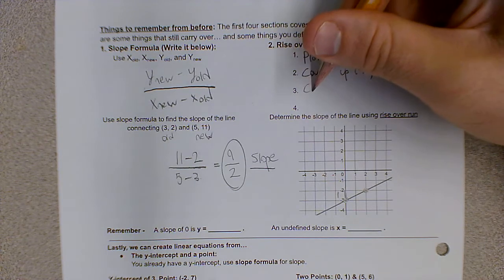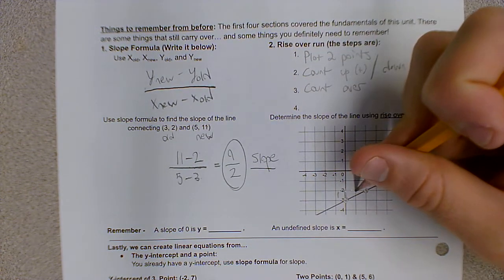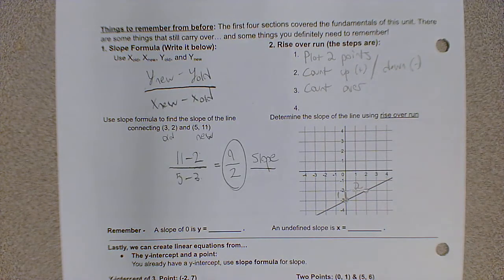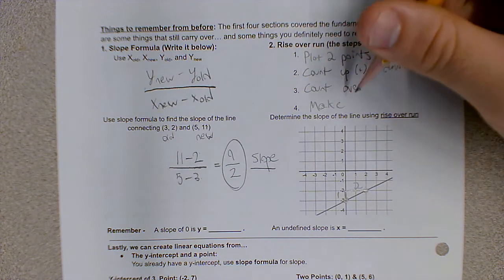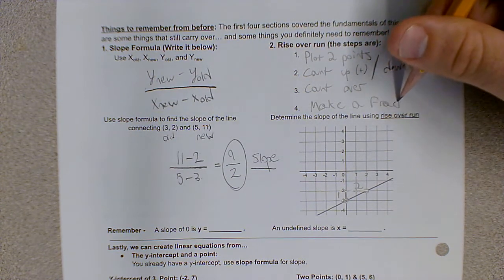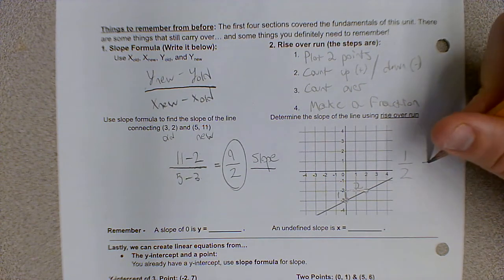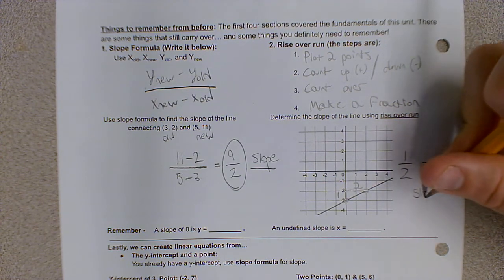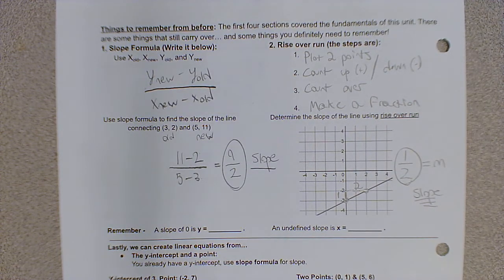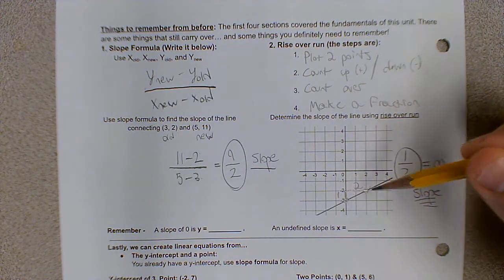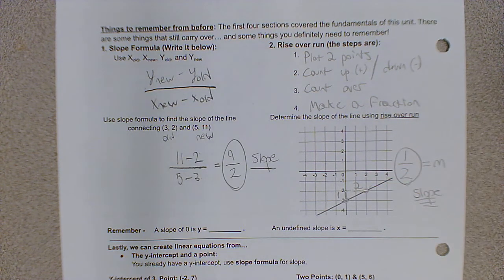Then I count over. I count over 1, 2. And then I make it a fraction. So my answer will be 1 over 2. That's my slope. So up, over, up, over, up, over. That's the whole process.